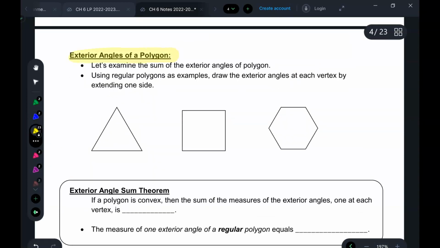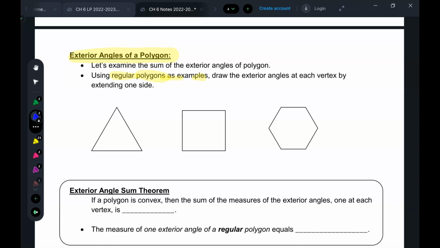Exterior angles. Okay, let's examine the sum of the exterior angles. Just to start off, we're going to use regular polygons as examples. Start with a triangle. How do we draw an exterior angle? We're just going to extend each side in one direction.